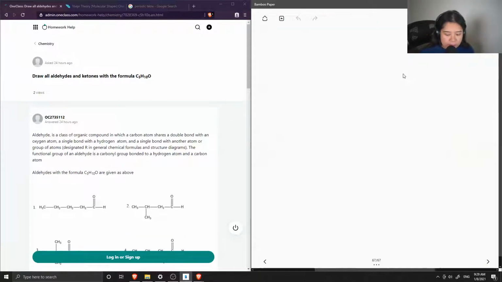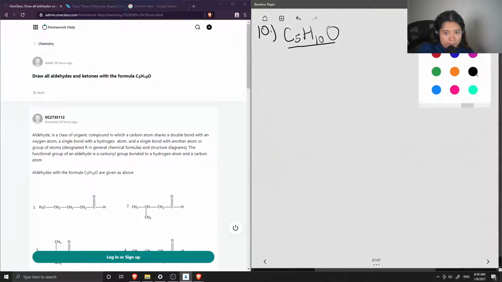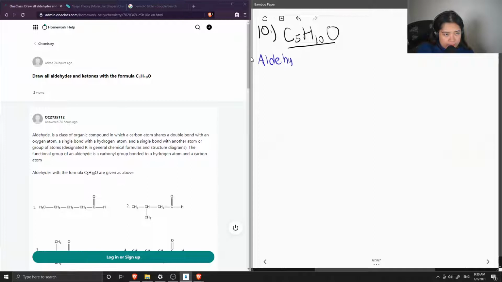Okay, so question number 10. Draw all aldehydes and ketones with the formula C5H10O. Okay, so at first let's draw out all the different aldehydes we could get with this formula.